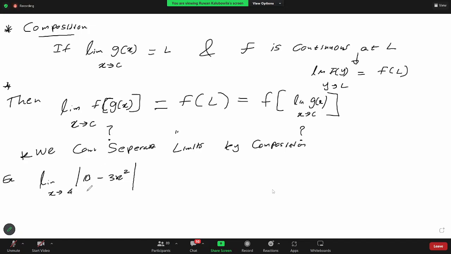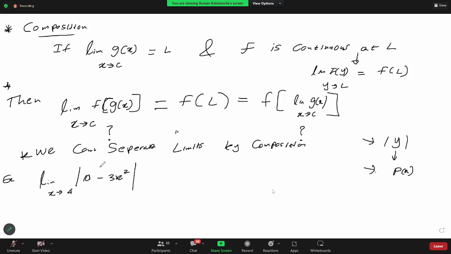So for the modulus, I will write down not x, I will write down y. So inside y, it is a polynomial. So this has two functions, this one and this one. So we see some composition.